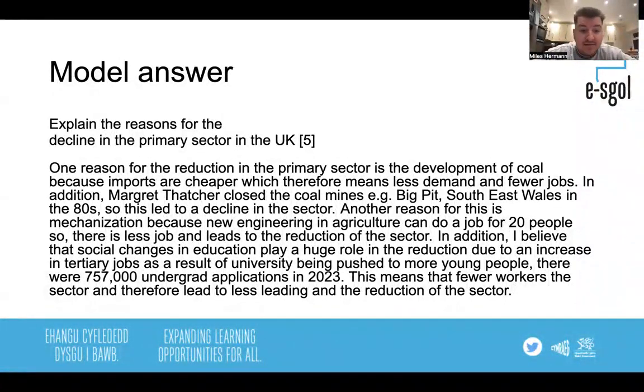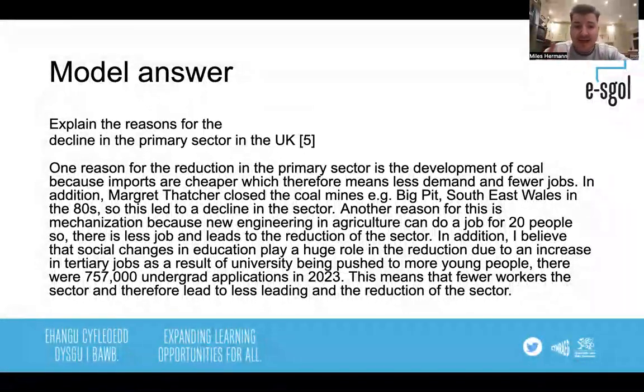In addition, I believe that the social changes in education play a huge role in the reduction due to an increase in tertiary jobs as a result of university being pushed on more young people. There were 757 undergrad applications in 2023 in the UK. This means that there are fewer workers in the sector and therefore led to the reduction of the sector. So what we can see here is good geographical knowledge.